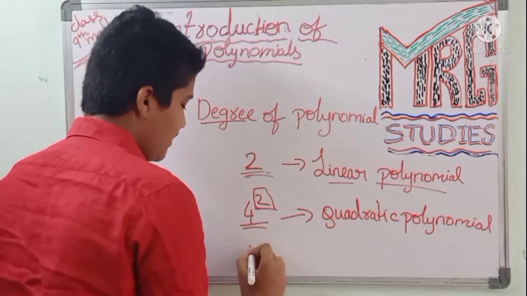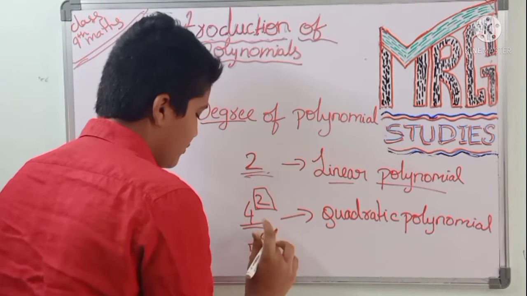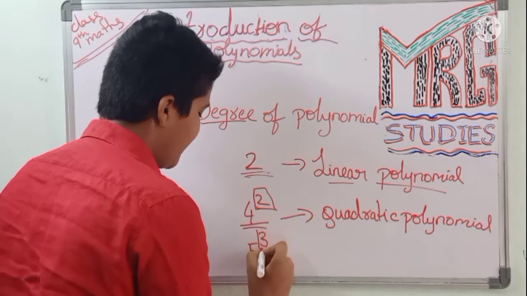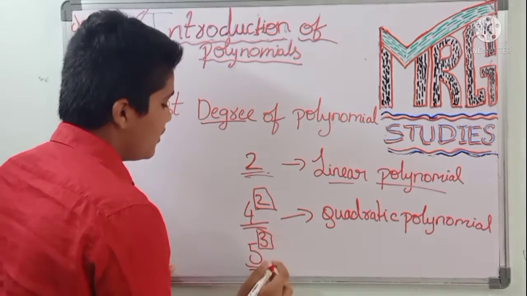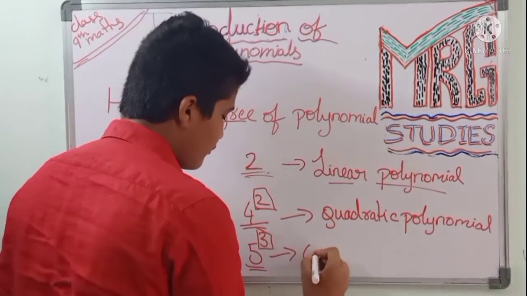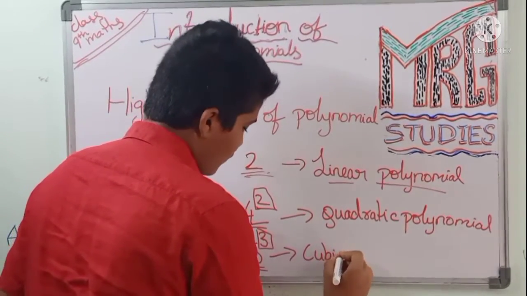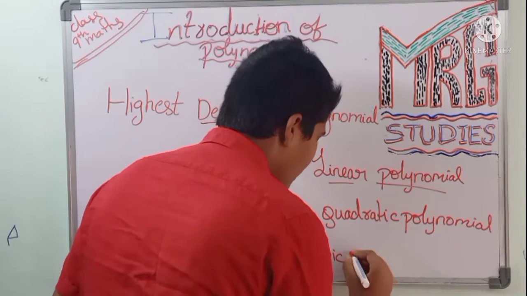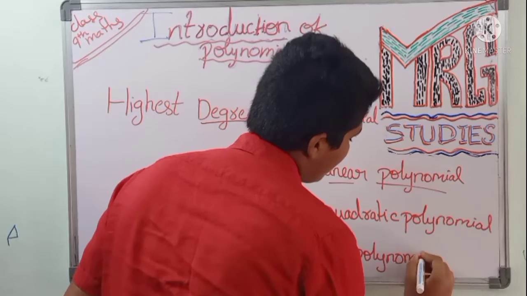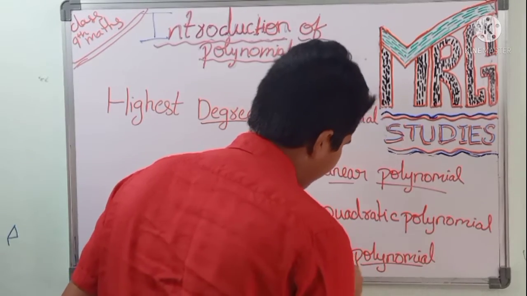Now if we have 5 cube, then 3 is the degree of the 5. So it is called a cubic polynomial.